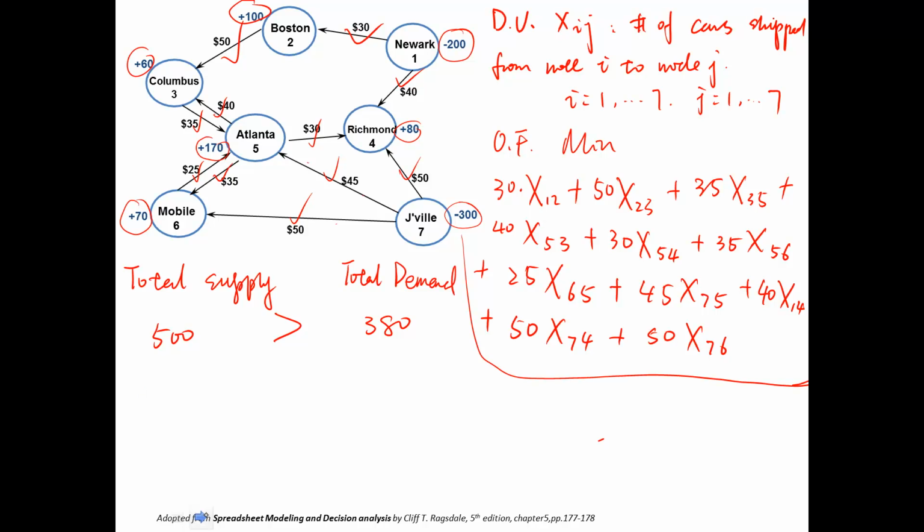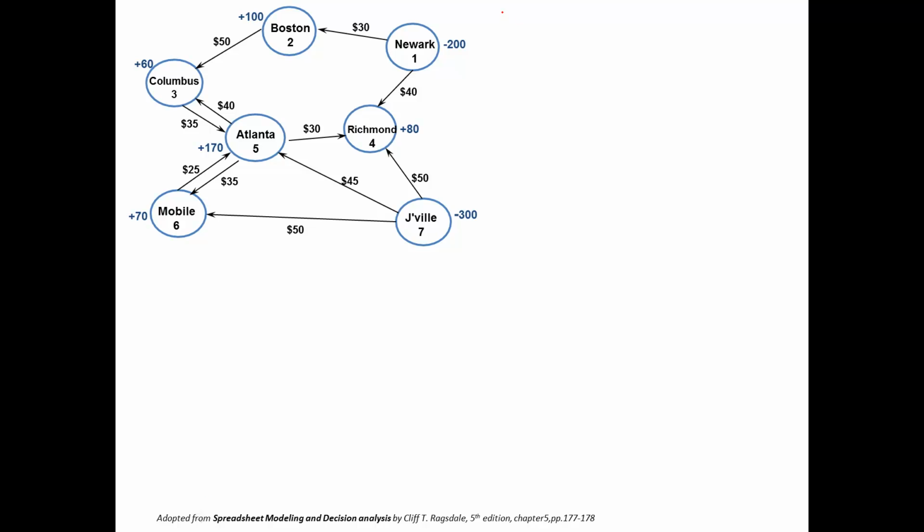So let me go to the next page to do this. Subject to: for node 1, since we are able to meet all the demands, let's just set the constraint as what goes out should not exceed what we have at this node. We have 2 outflows, so that means x12 plus x14 should be less than or equal to 200.